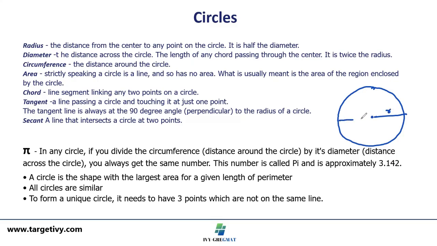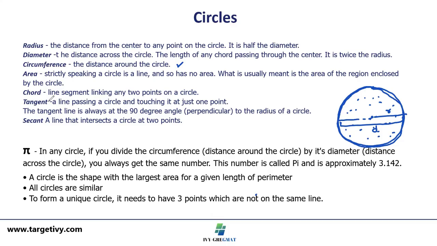If I add this part, this total is called the diameter of the circle. If I take this point and go around like this and end up here, this is called the circumference of the circle, the distance around the circle. Area is obviously the total area inside. The total inside is the area of the circle.